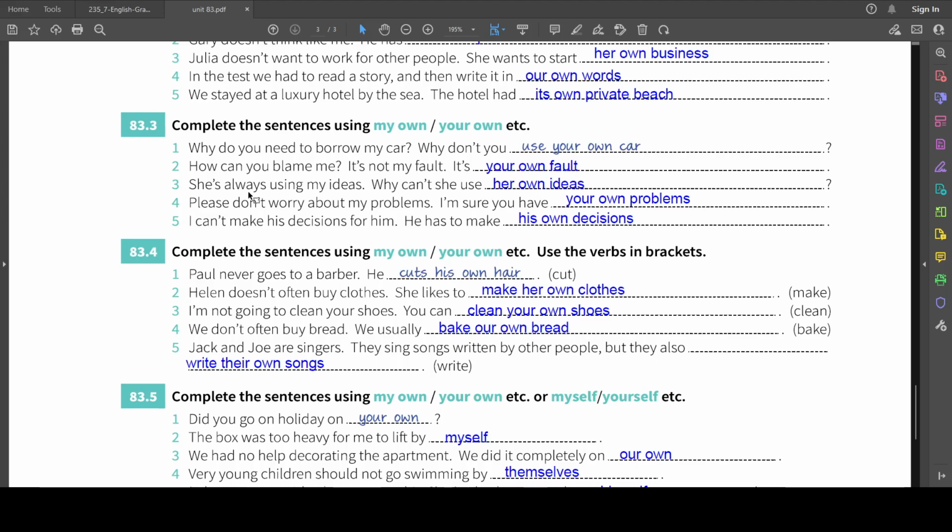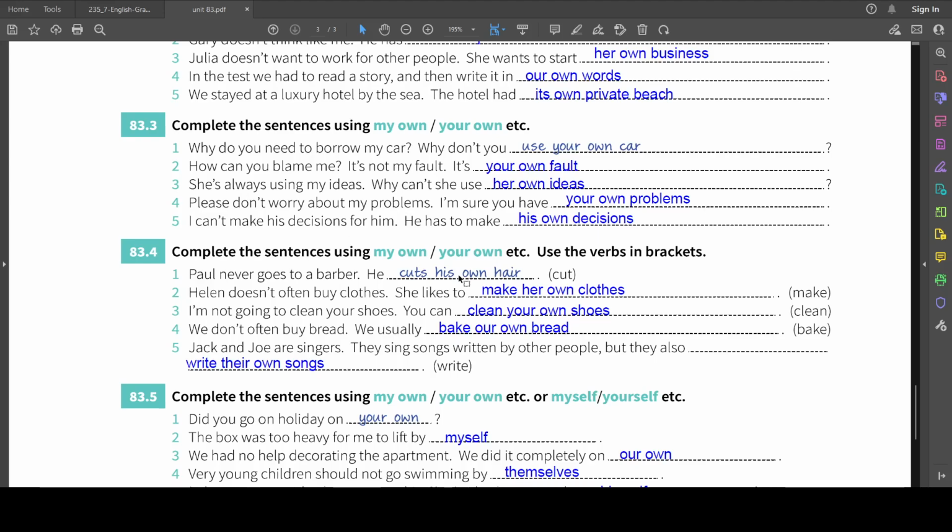Why can't she use her own ideas? Please don't worry about my problems. I'm sure you have your own problems. Right? We're talking about something that is only for this person. It's not shared. I can't make his decision for him. He has to make his own decision.